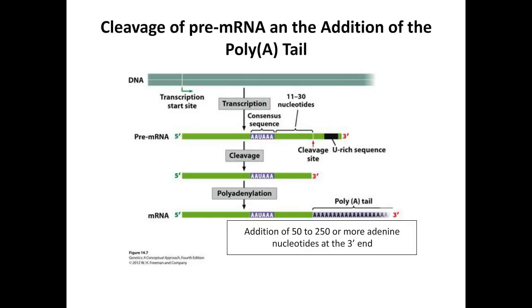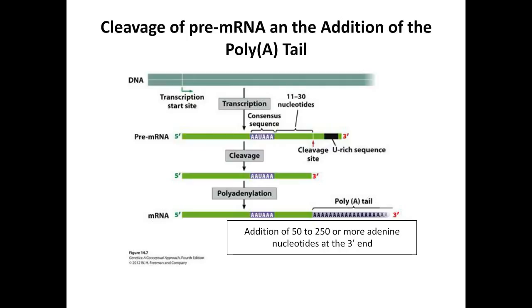Here, as you can see, there is a cleavage site. This site is determined based on this consensus sequence here. Wherever this consensus sequence is, about 11 to 30 base pairs down, the transcript will be cleaved. After cleavage, we have a shorter transcript.